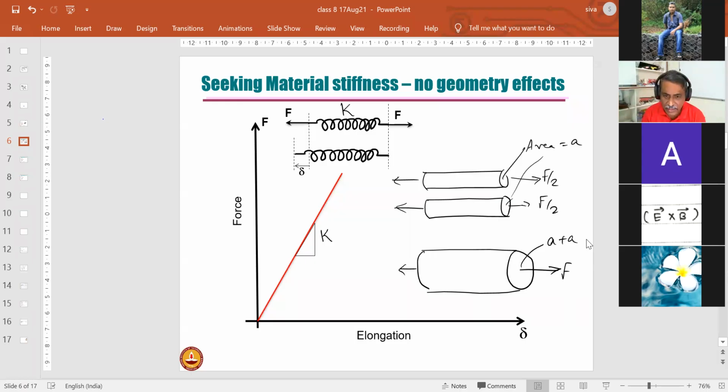So in a way, if I have to now shift to material stiffness, I need to somehow remove this area part of it, correct?